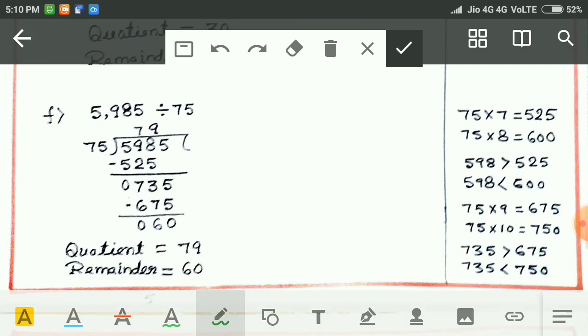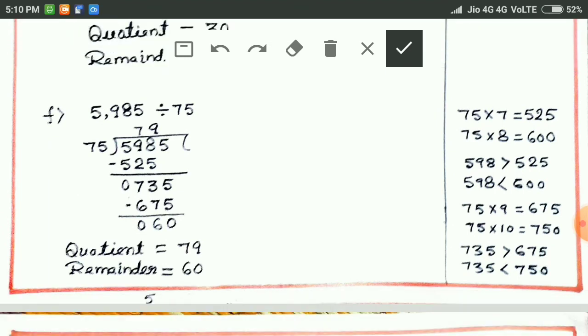In question number F also, we have to divide 5985 by 75. You can see here we have 598 because we can't divide 59 by 75. So we have to take the 3-digit number 598. You can see here 75 7s are 525 and 75 8s are 600, which is greater than 598.